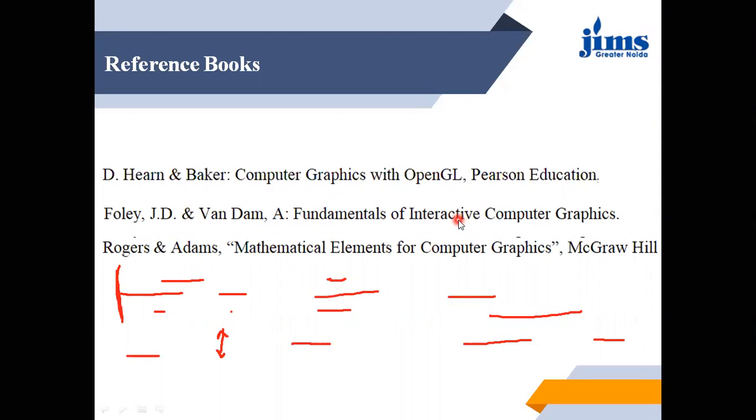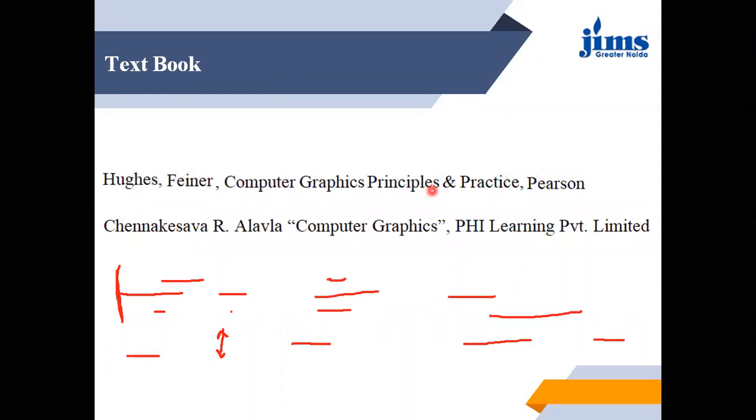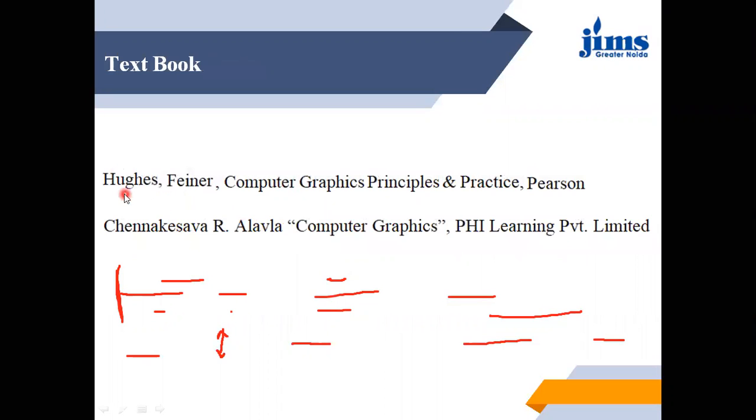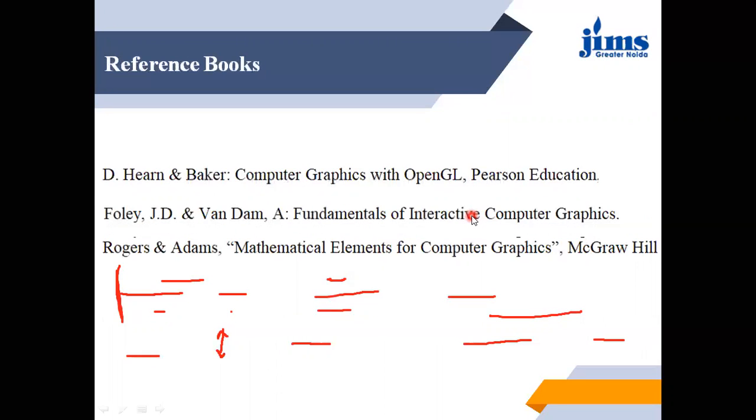So we will use these two books especially. These are the two books given in your syllabus as textbooks, and these are the three books given as reference books in your syllabus. But this Baker and this Hearn are very important books, so we will follow these books most of the time.